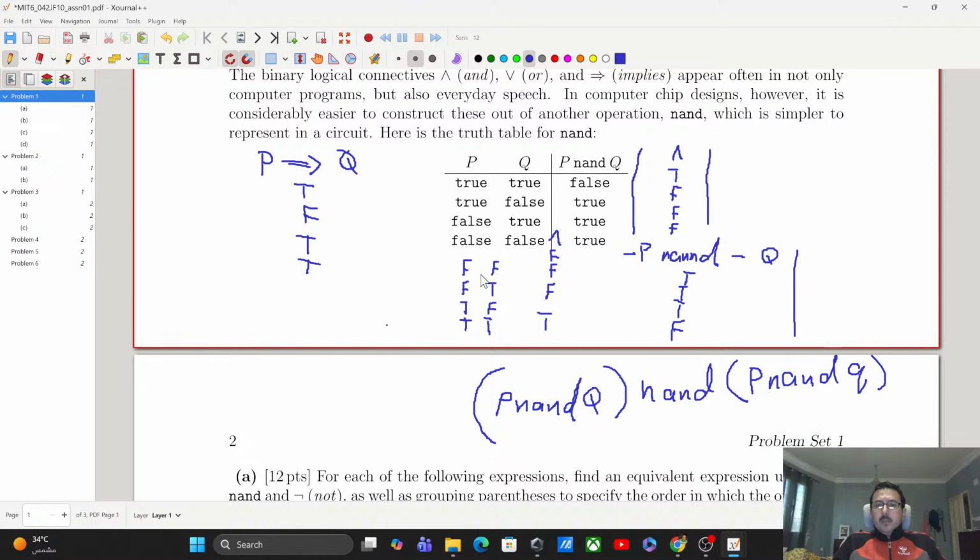I need it to be FF, TT. FF and TT, true. It's not gonna cut it. It's true, true, true, false, true. It's not gonna cut it. You can't use the AND. Only NAND.